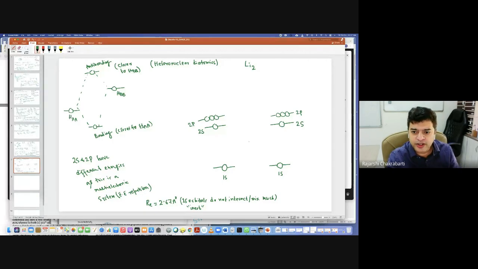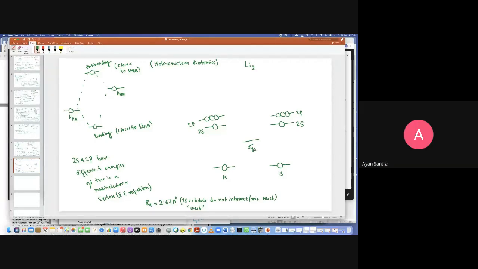Of course, 2s will interact and they'll form, what is that going to be? I'm not going to draw the orbitals. You can draw yourself. So this will give you something like, what is that called? Sigma orbital. What type? G. Sigma g 2s.